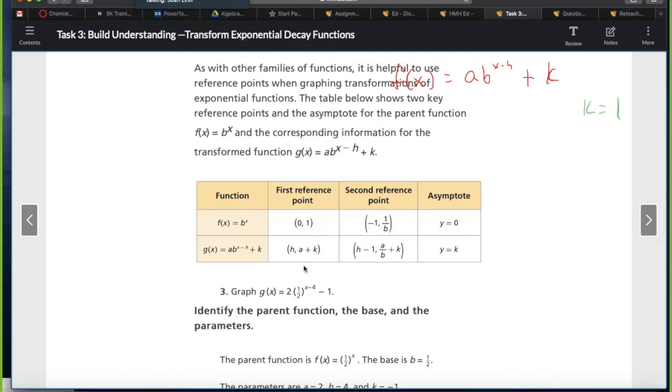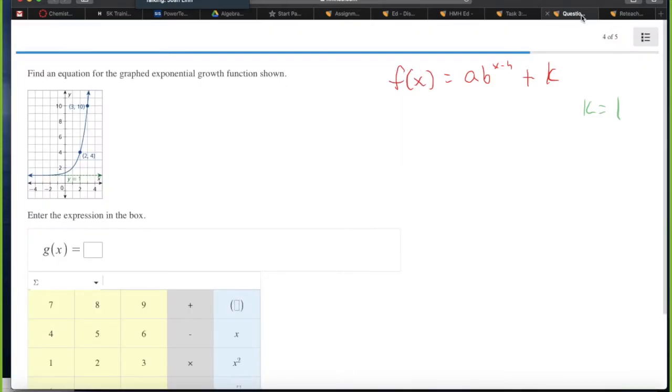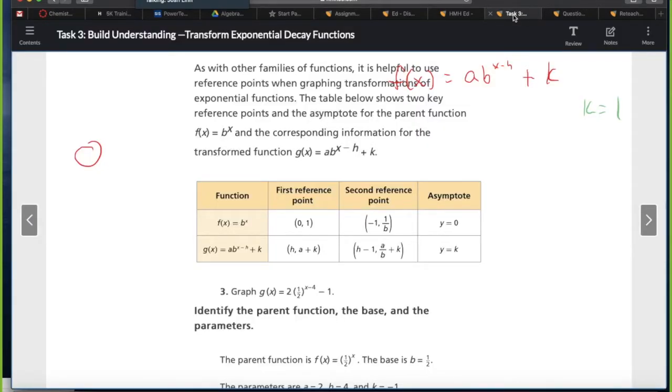If we go back to our problem, we have our first reference point, and then we have 1 to the right. So that second formula is not actually going to help us. I did find the other one that we need to use, but we'll get to that in a second. So let's just start with our first formula. So here's our chart. This guy right here, I'm going to write that down. So first reference point is h a plus k.